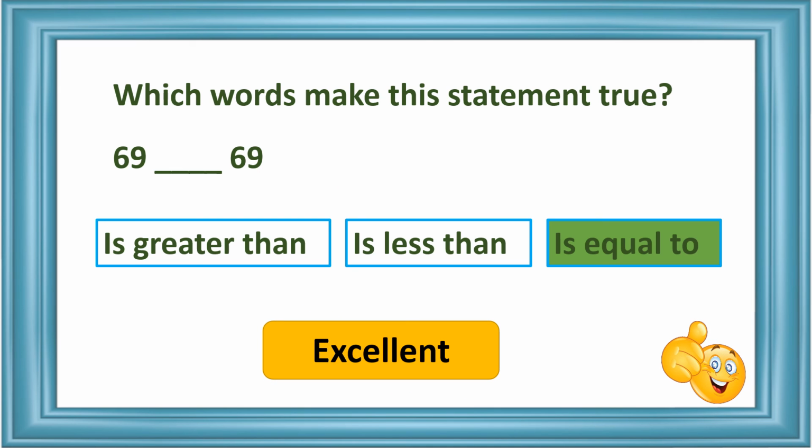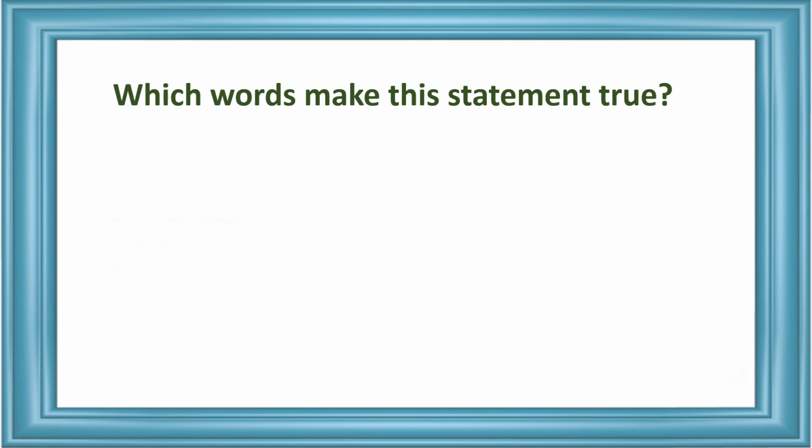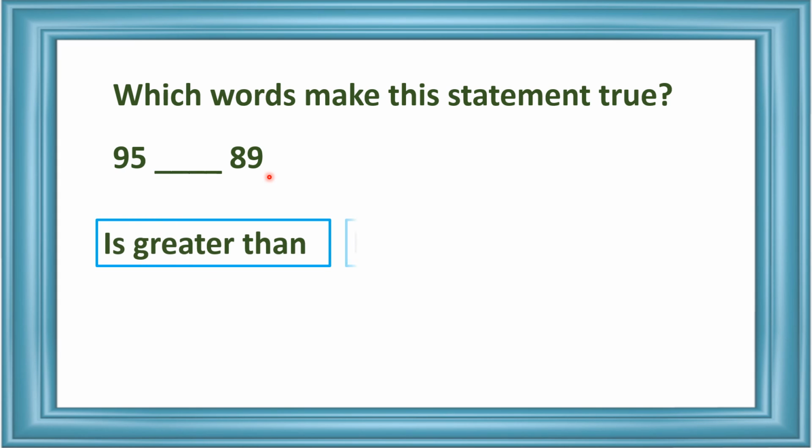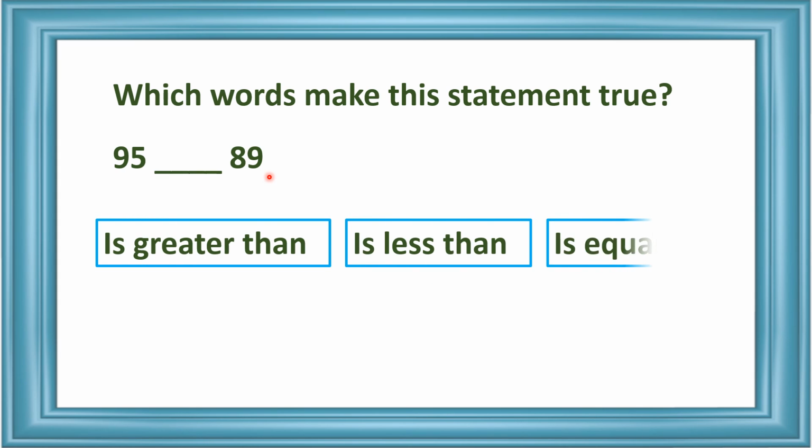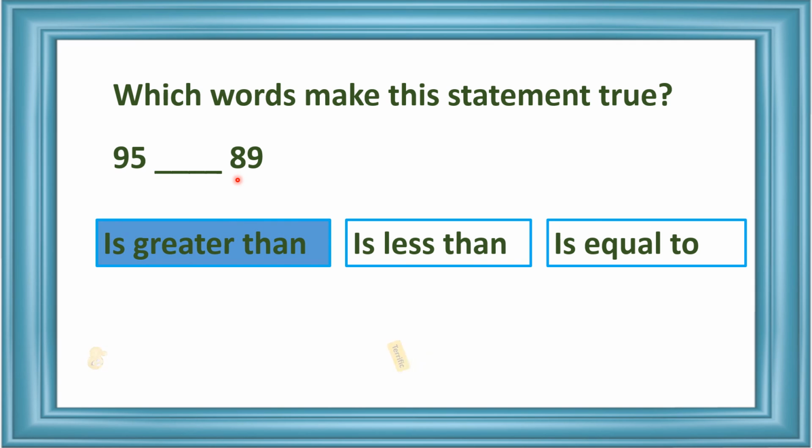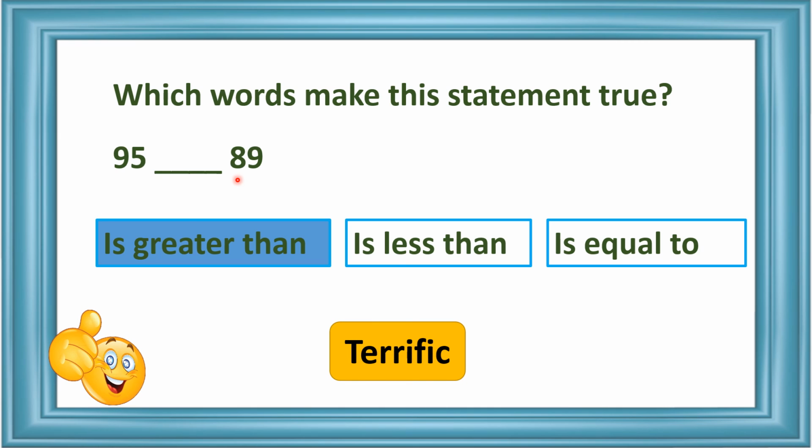Excellent answer. Next one, 95 dash 89. Options: is greater than, is less than, is equal to. Come on, tell me. 9, 8. Very nice. 95 is greater than 89. Terrific answer.